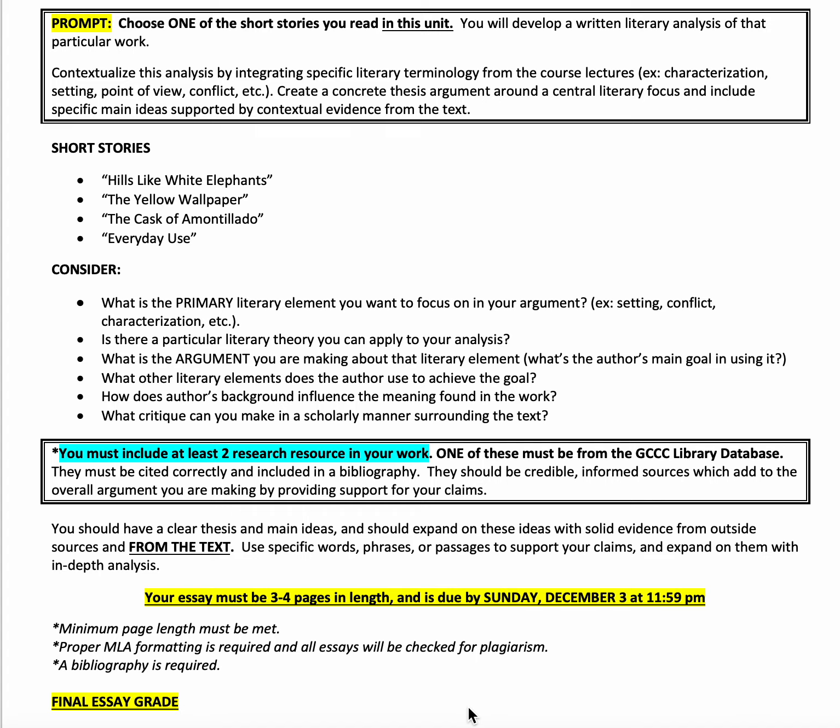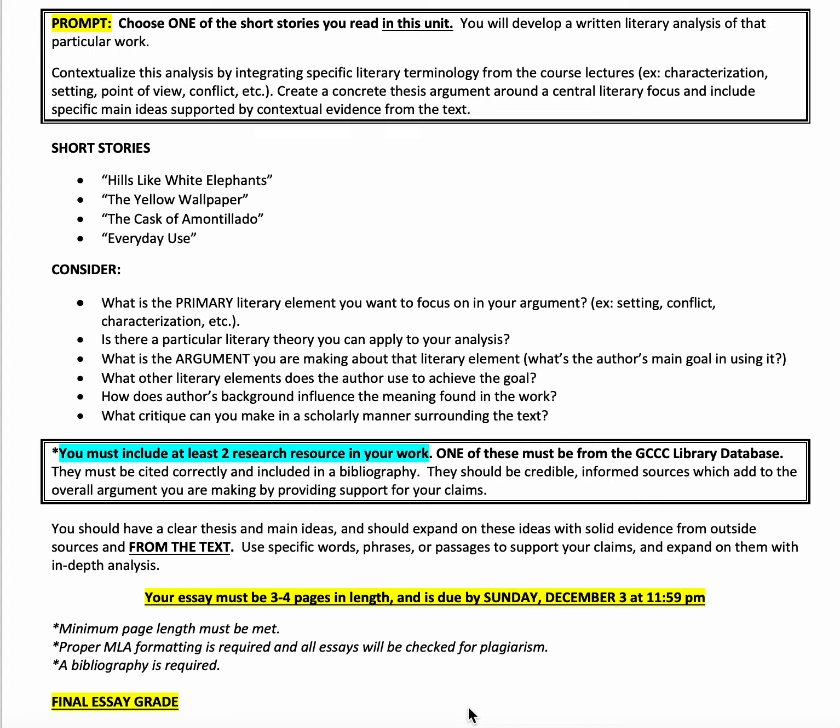Or why is the conflict a man versus man conflict in the Cask of Amontillado? How does that help build the message or intent behind Poe's use of that literary element? Or in Everyday Use, why does Alice Walker use certain symbolism related to the quilts or Mama or any of the other characters? And what does that mean?